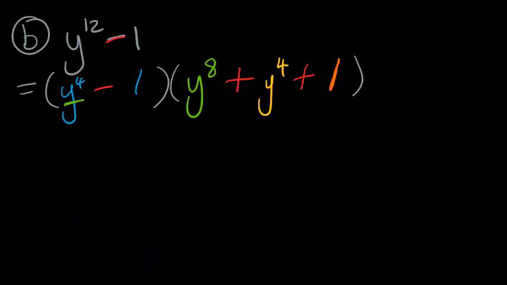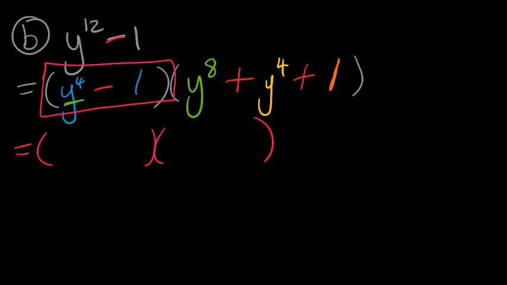Again, this is not the simplest form we can get, so in this pink bracket, do you have a difference of cubes? y to the power of 4 is definitely not a cube, so it is actually a difference of squares. If I was to do a difference of squares, I would say difference of squares is two brackets.